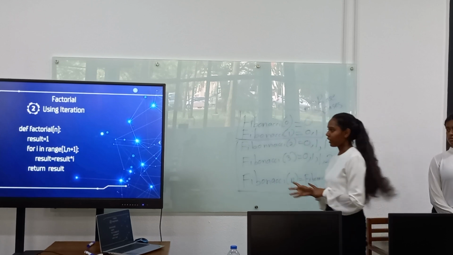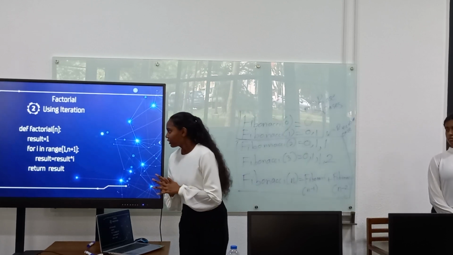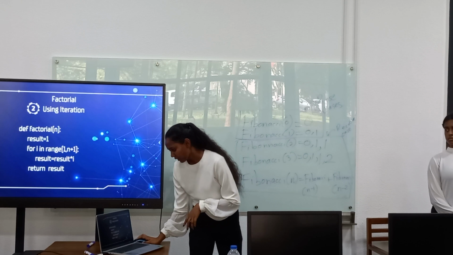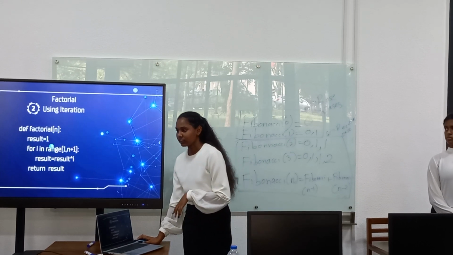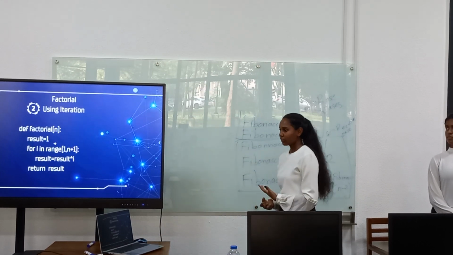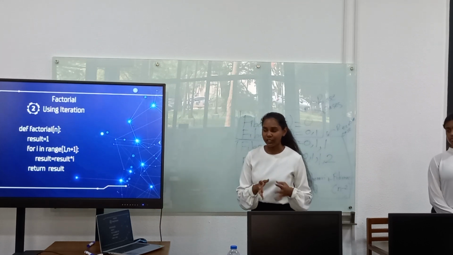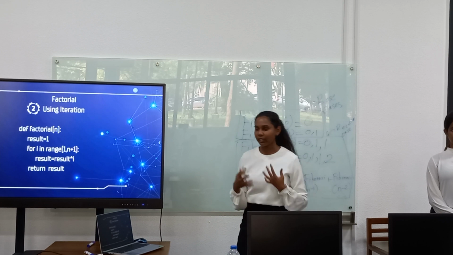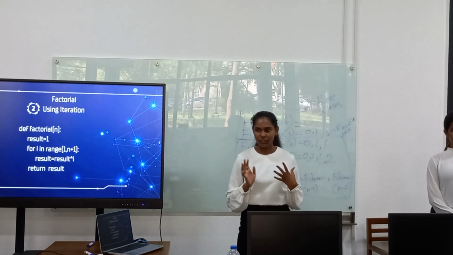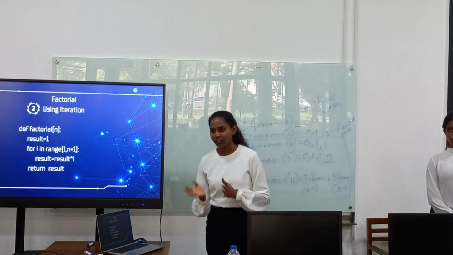So here I have used a for loop. First I have defined that result is equal to 1, because the factorial of any given number starts with 1. Right? You guys agree, right?